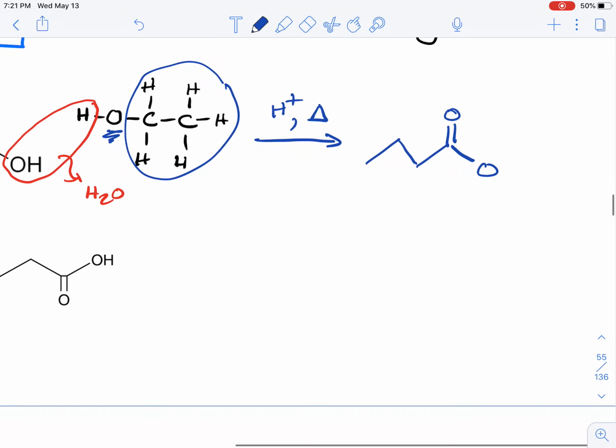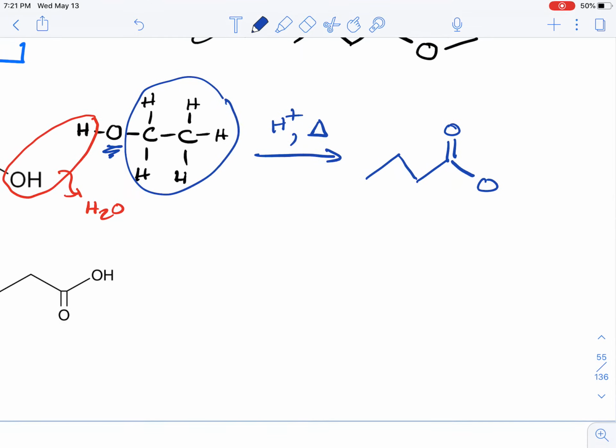Since this is an expanded form, you can represent it as a skeletal structure, which is simply this. So this is a CH2, this is a CH3. If you wanted to draw the actual carbons with the hydrogens, you can. So here's carbon, carbon, boom, boom, hydrogen, hydrogen, hydrogen, hydrogen.